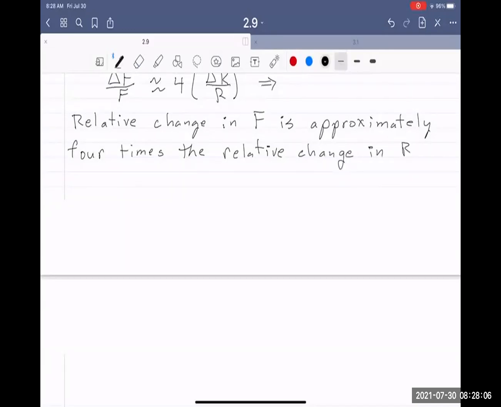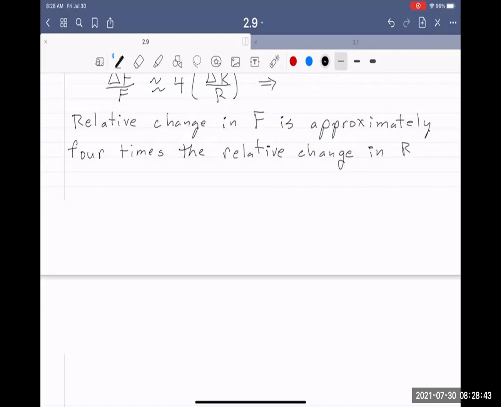And so that means that if you do this operation and change the radius of your artery by a certain amount, then the flow will increase by a factor of 4 times that relative change. So if you change it by 25%, then you get a 100% increase in the flow.